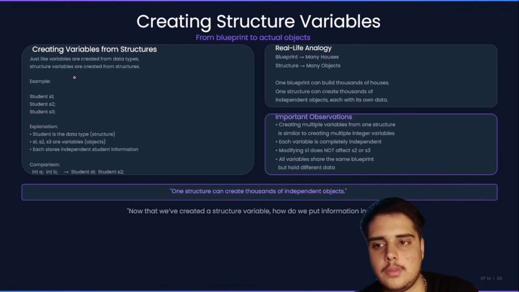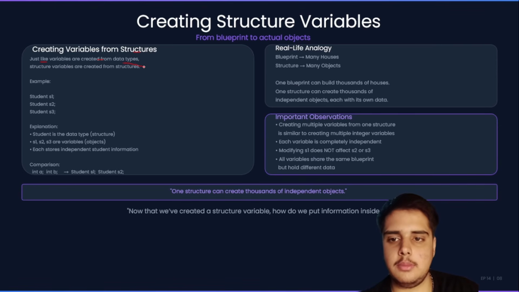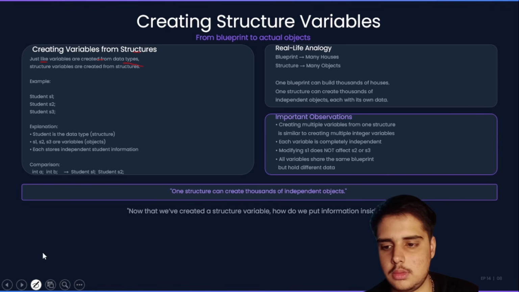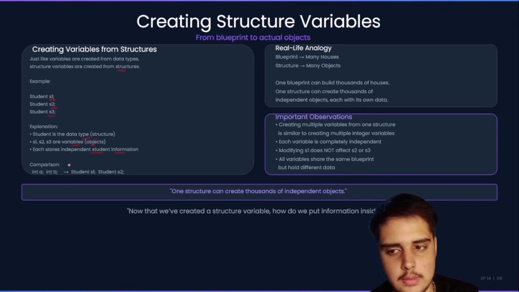Just like variables are created from data types, structure variables are created from structures. Example: student s1, student s2, student s3. Here student is the data type, or you can say structure. s1, s2, s3 are variables, or you can say objects, and each stores independent student information.